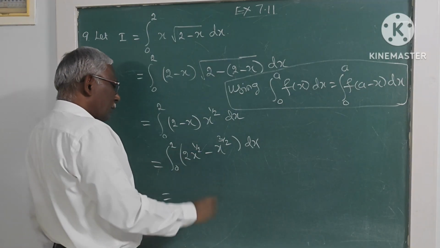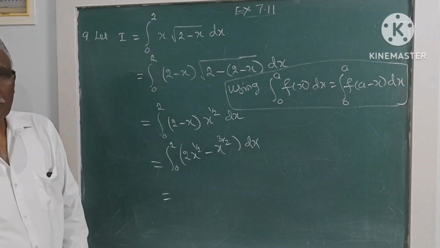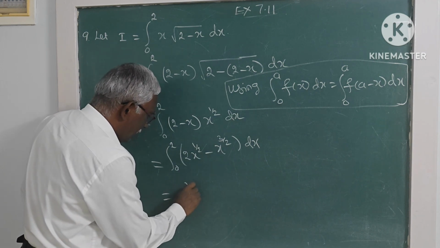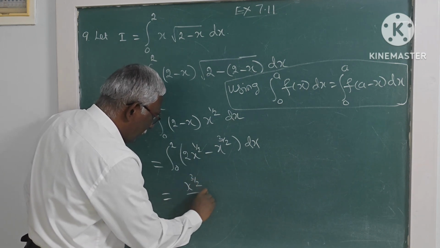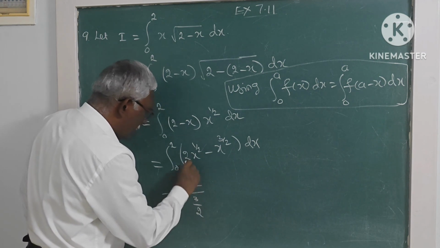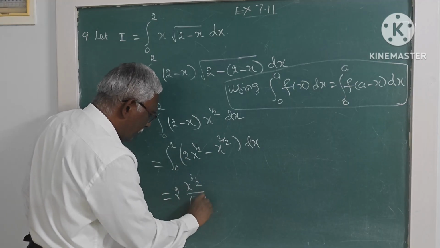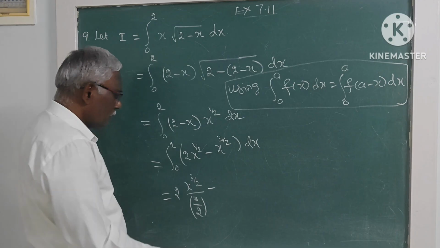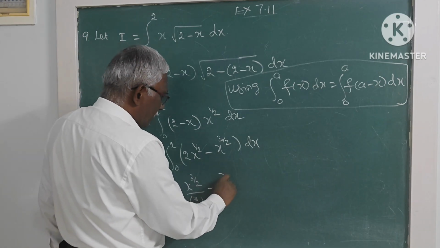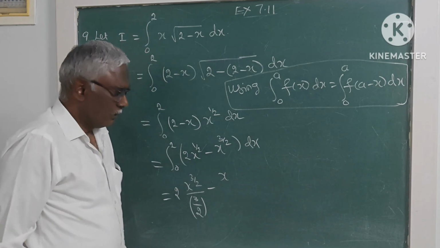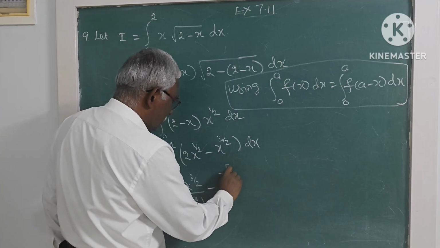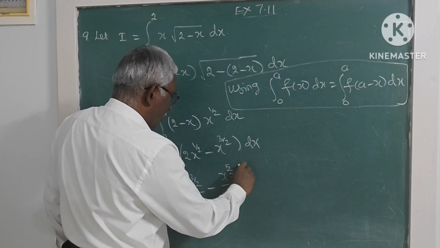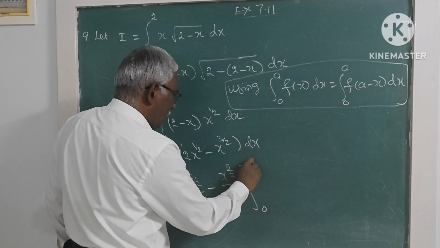If we integrate x power 1 by 2 with respect to x, what will we get? x power 1 by 2 plus 1, that is x power 3 by 2 by 3 by 2, because this 2 is here, minus this will be x power 3 by 2 plus 1, 5 by 2, by 5 by 2, then 0 to 2.